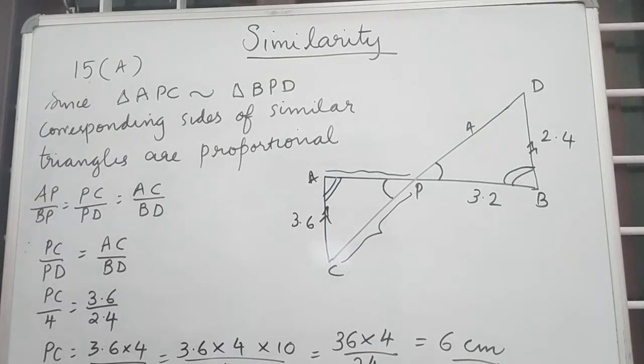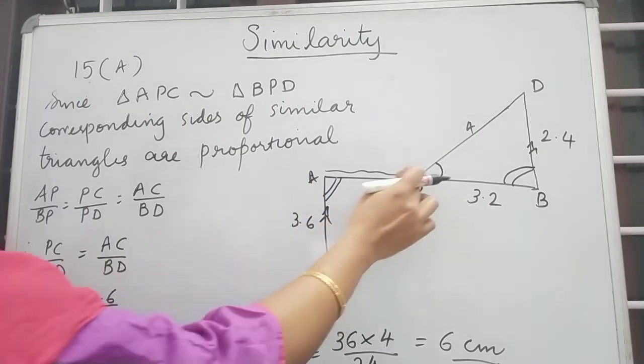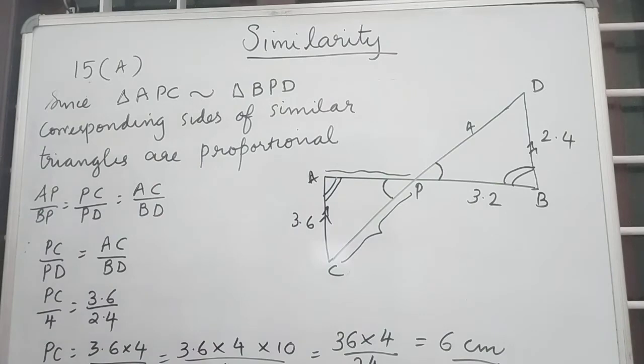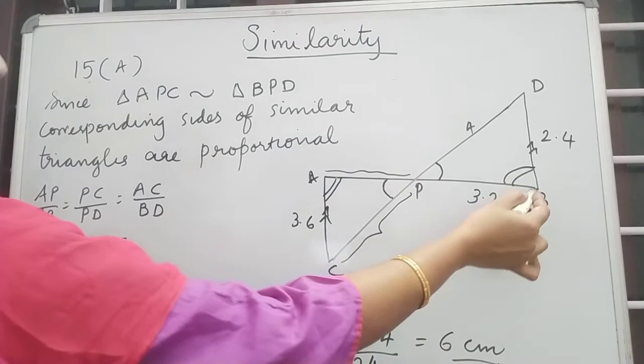Now we proved triangle APC is similar to triangle BPD. If these two triangles are similar, the corresponding sides of similar triangles are proportional. So which are the corresponding sides? AP divided by BP will be equal to PC divided by PD, which is also equal to AC divided by BD.